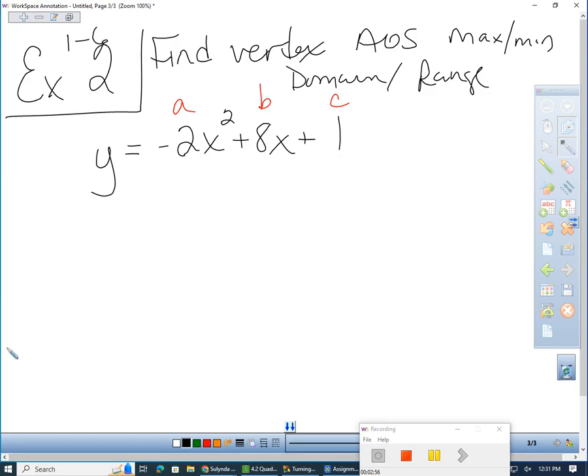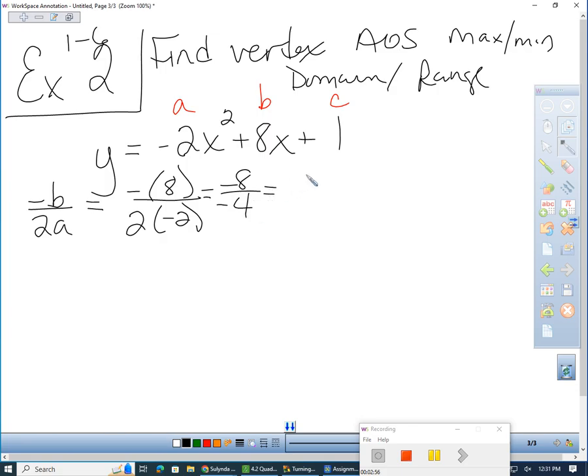Okay. So first, we're going to find our x value, which means we do negative b over 2a. So we do negative 8 over 2 times negative 2, or negative 8 over negative 4, which equals 2. Now to find the y value, what do I do with that 2? Yes. Very good. So we're going to plug it in here.